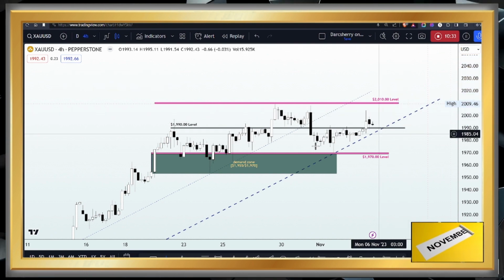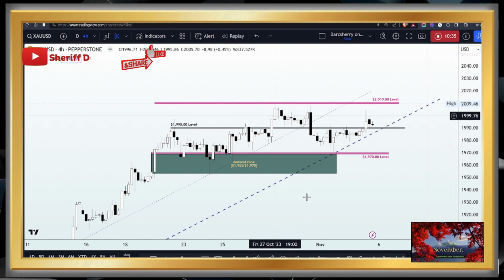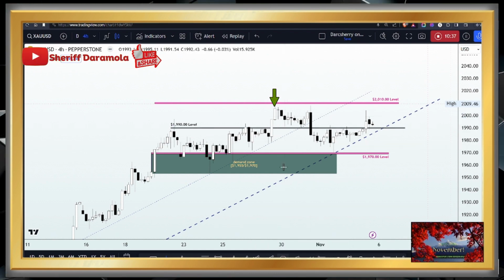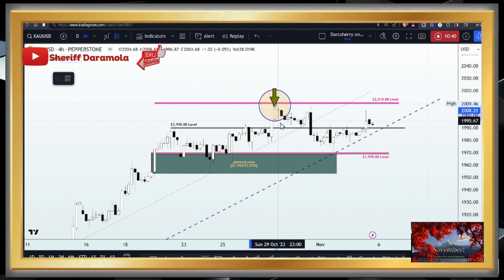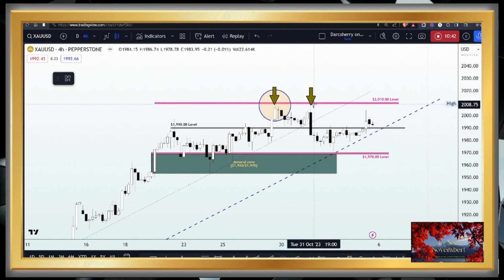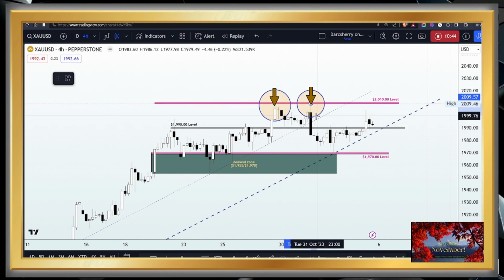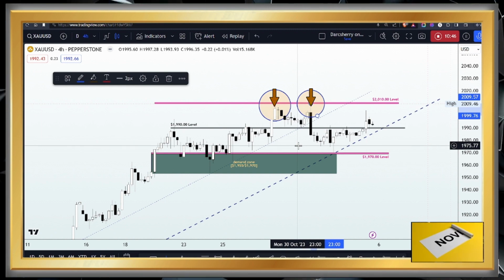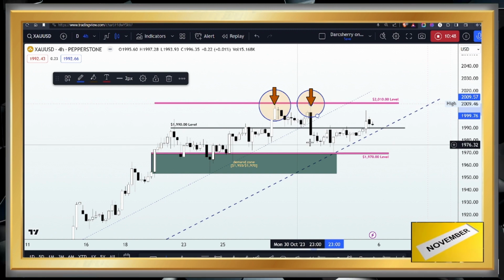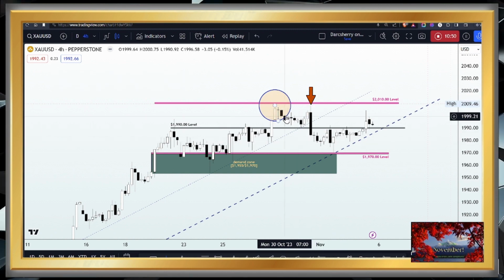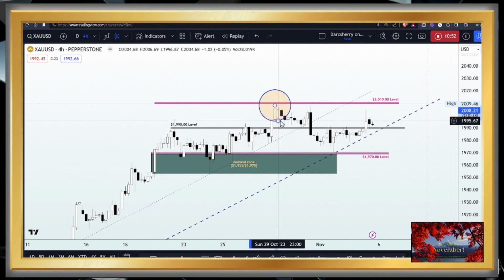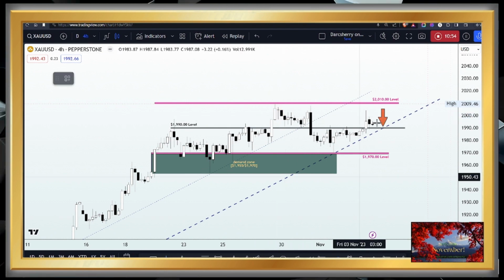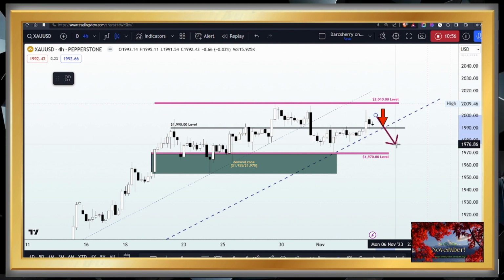However, in as much as I'm looking out for buying opportunities in this market, we cannot ignore the potentials of sellers. As you will see that during the last trading week of last month, the selling pressure had always resumed around that $2,010 area to emphasize that sellers are trying to push price to the downside. And if this persists, then we might start considering selling if price action will break down this ascending trend line.